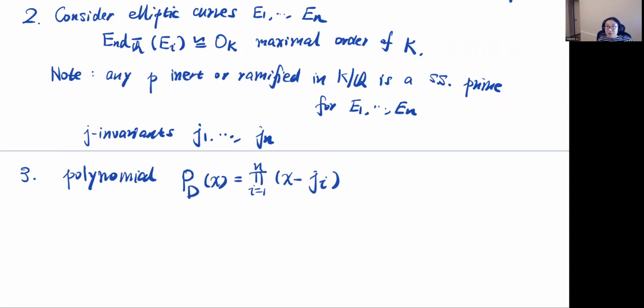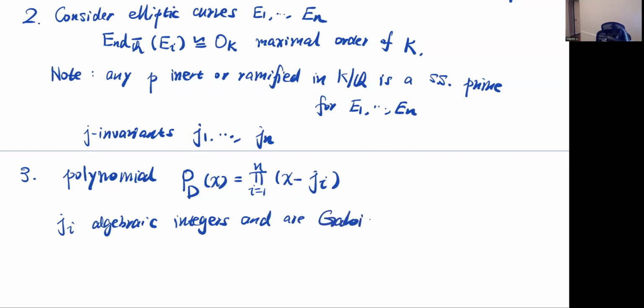Recall what we have learned from our lecture series: all these J_i are algebraic integers, and they are Galois conjugates of each other. So this means that the polynomial I constructed, first of all, has Z coefficients. And moreover, it is a monic irreducible polynomial.